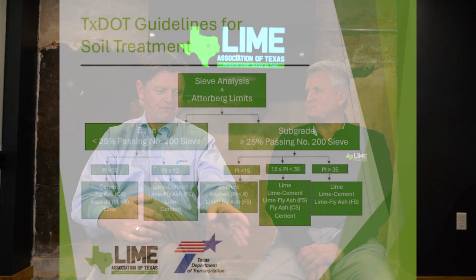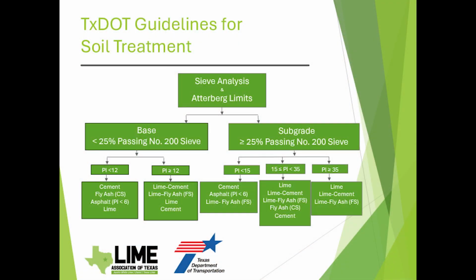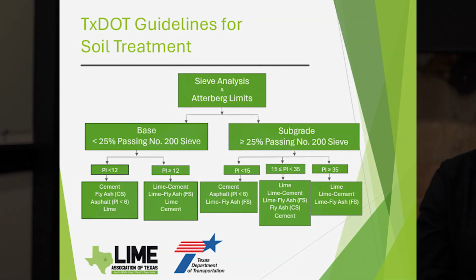And one of the things on this slide, I've gotten a lot of questions over the years, is that when you see the different plasticity ranges, like take for instance the subgrade soil plasticity range of 15 to 35, you can see that TxDOT has a number of what they consider proven or specified treatment stabilizer reagents that you can utilize.